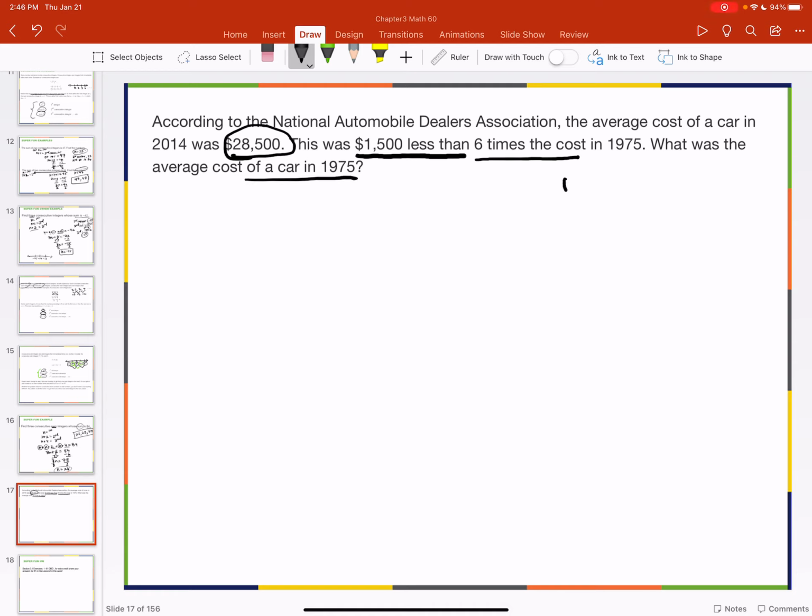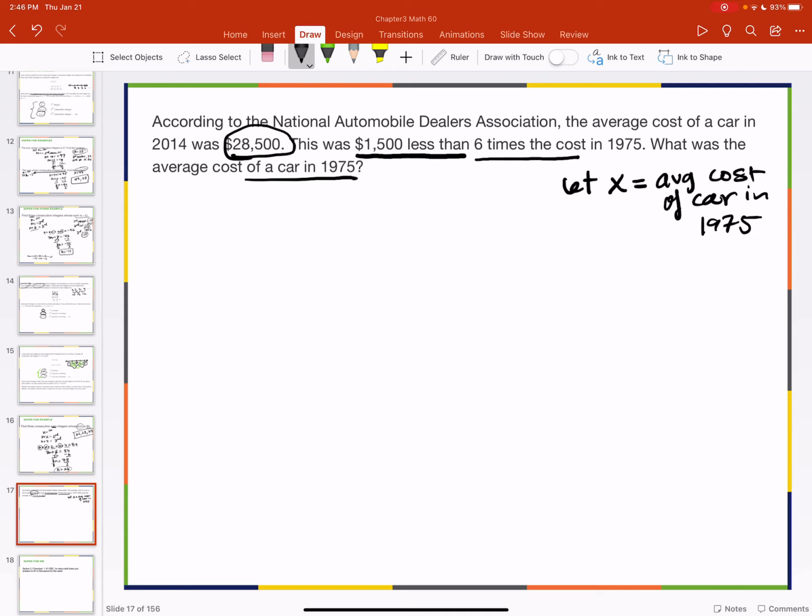First of all, what's the question asking? It's asking the average cost of a car in 1975. So what are we going to let x equal? You guessed it, the average cost of a car in 1975. We're basically restating the question: what you're asking for is my variable. So x is the average cost of a car in 1975.